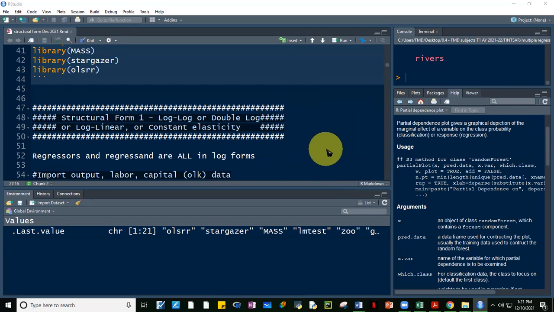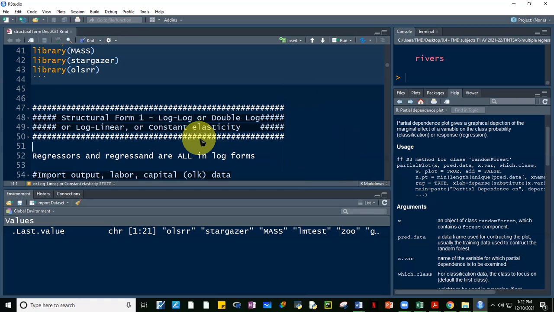So we're going to first learn the log linear or log form. When we say double log or log linear, it means that all your independent variables are in log form, and also your dependent variable.